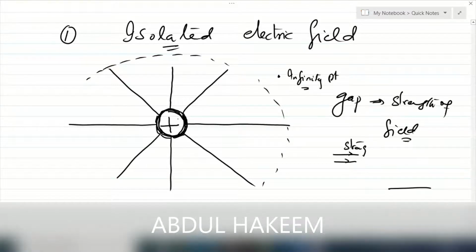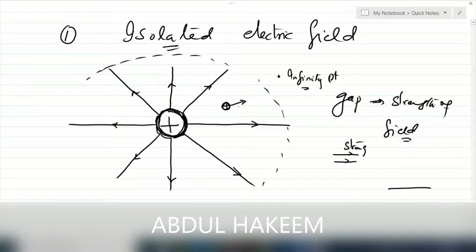Now, this is positive point charge. When a test charge is placed inside the electric field, it is repelled outward. So all field lines are directed outward. So the positive charge has field which is directed outward.